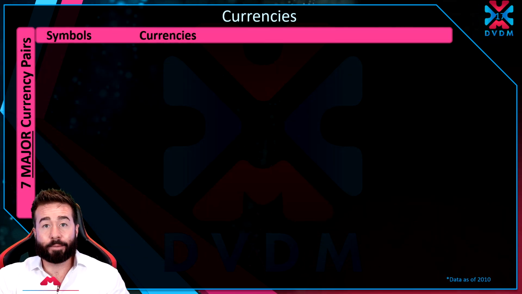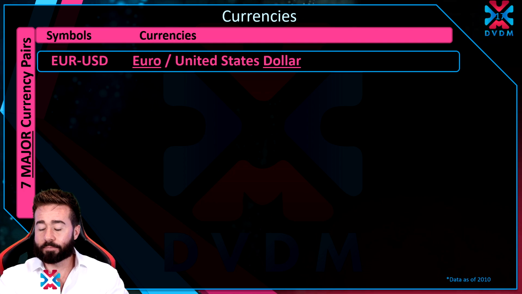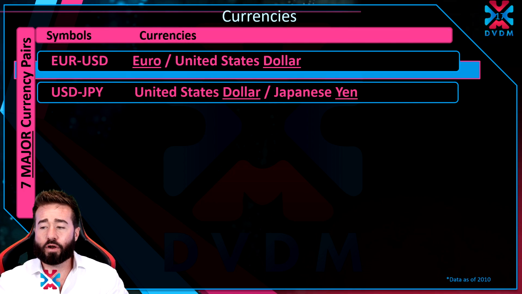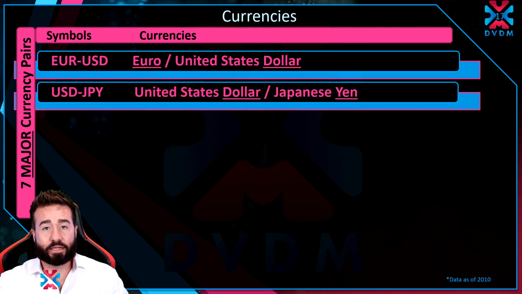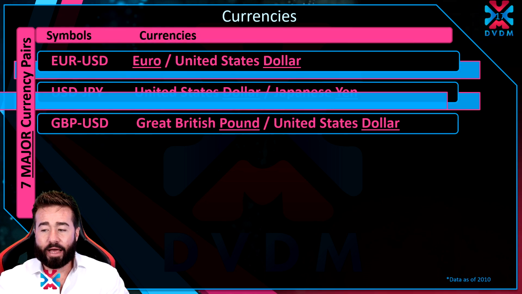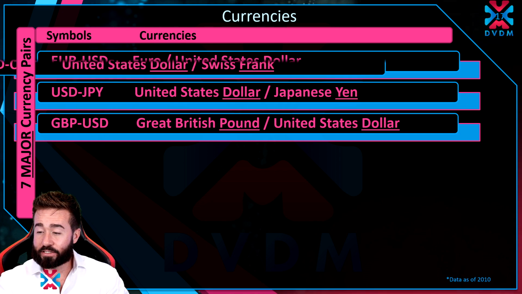First, we're going to start with the major currency pairs. So these are all the major currencies listed against each other, and what you'll find is there's a common denominator amongst all of these. So first we have Euro USD, followed up by United States dollar, Japanese yen. Then we have Great British Pound, United States dollar.